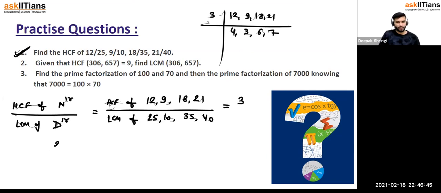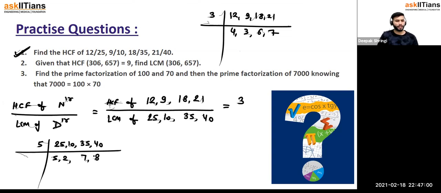What is the LCM? Let's see that. 25, 10, 35 and 40. Okay, first of all the numbers are divisible by 5. Divide by 5 कर दो. 5 5s are 25, 5 2s are 10, 5 7s are 35 and 5 8s are 40. Now 2s are divisible. Any two numbers should be there that are divisible. We'll continue the process. 5, 1, 7 and 4.